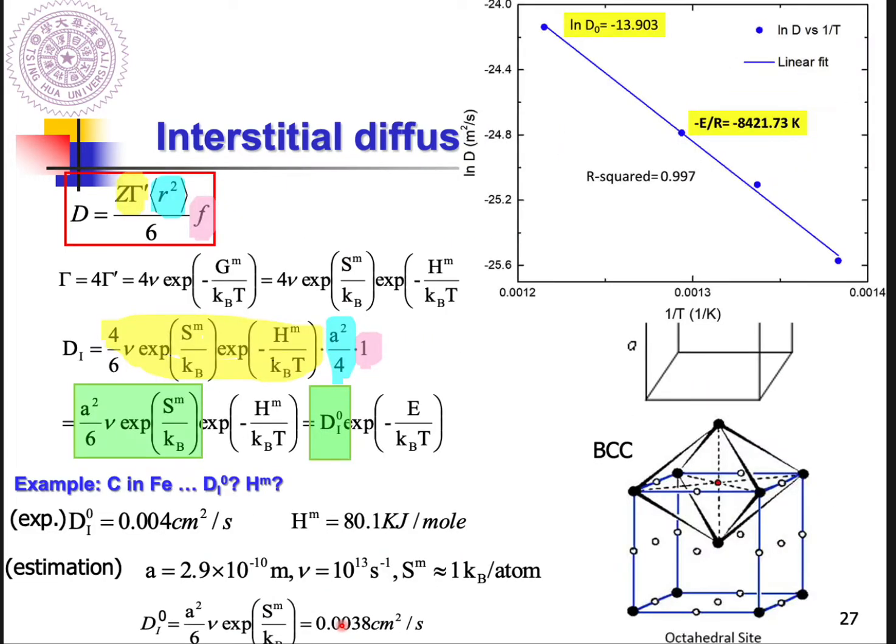Okay, so this is how we get the diffusivity for the interstitial diffusion mechanism, right? The approach we provided here is to directly use the equation or results we derived in previous sections.